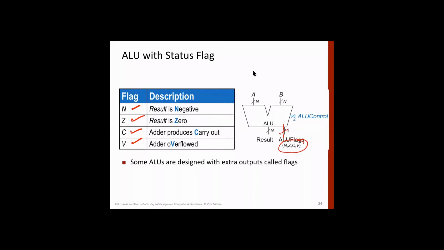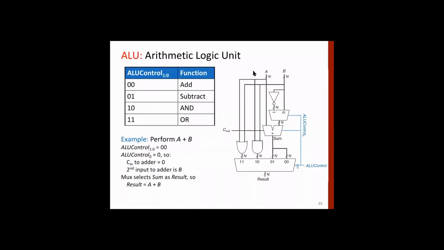Sir, in the previous part, where exactly is Cin? Here it's coming. It's not the ALU control, here it's treated as Cin. The ALU control is here. So basically you're getting the same bit.